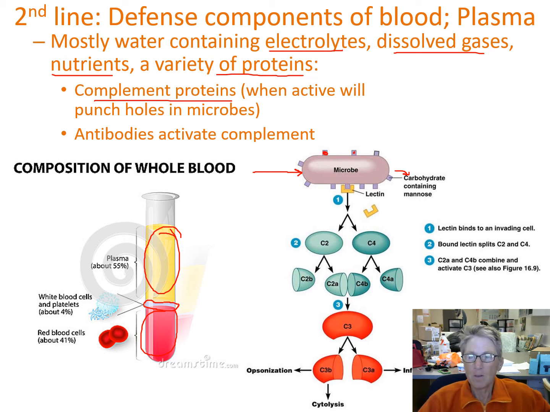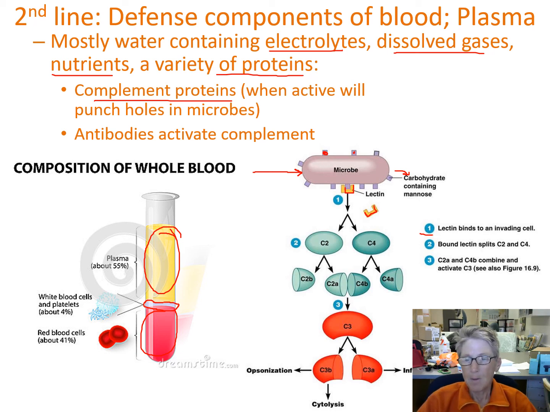And then you can see in step one, lectin is this molecule. It's in your blood. Lectin binds to the carbohydrate portion of the microbe. So lectin from you, just freely floating around, binds to this carbohydrate portion on the microbe.